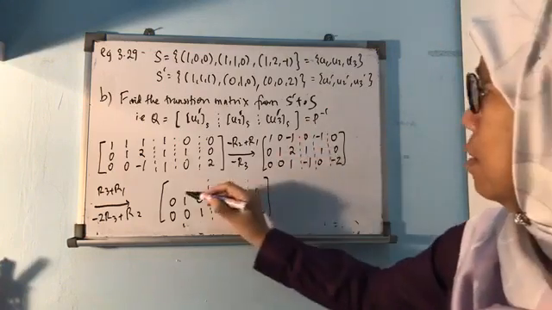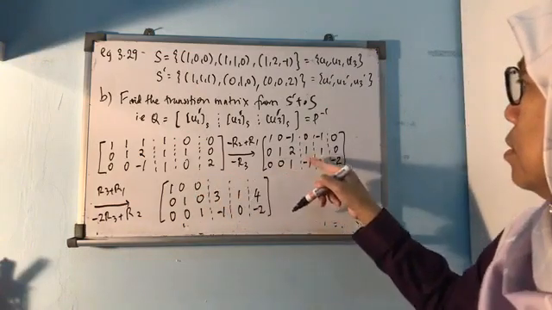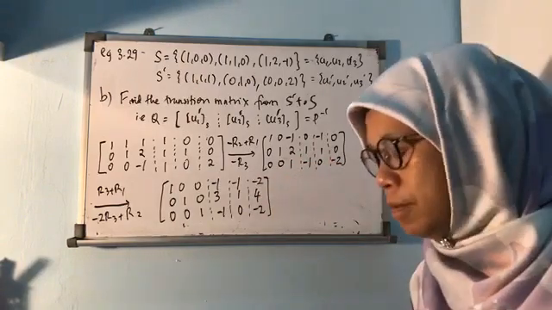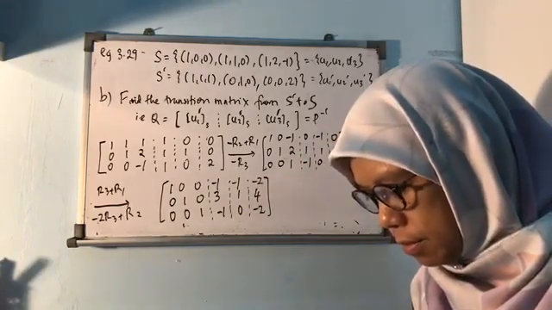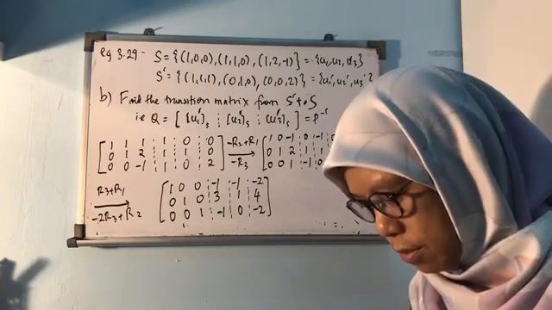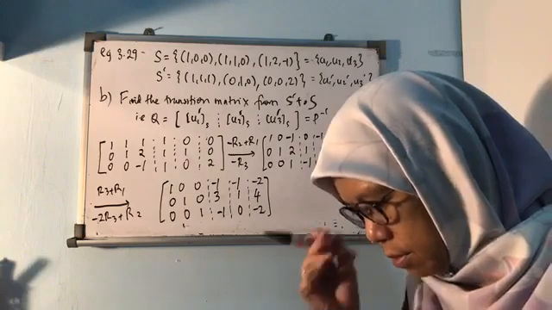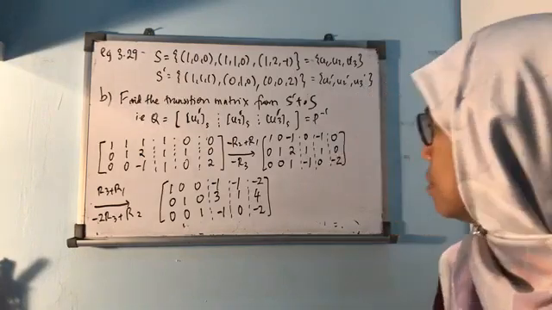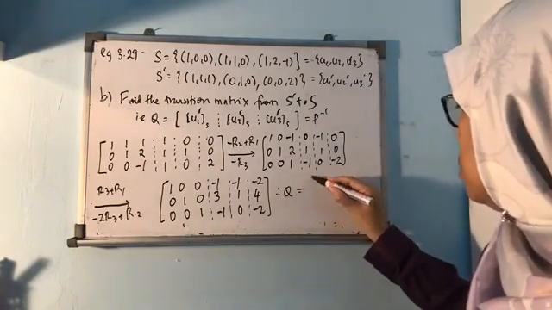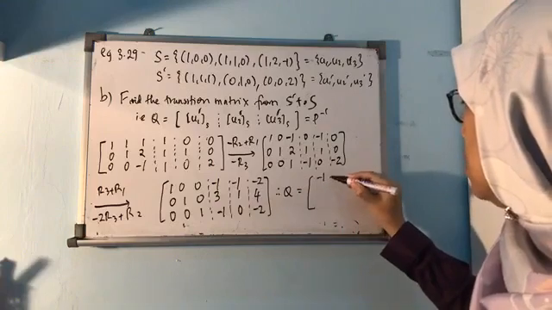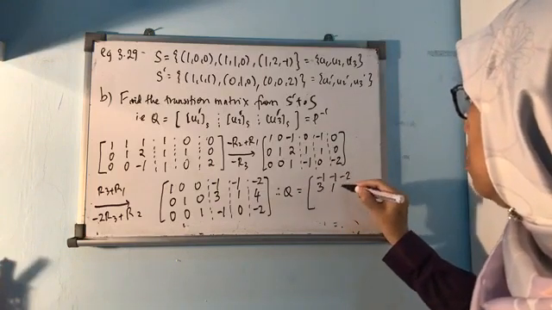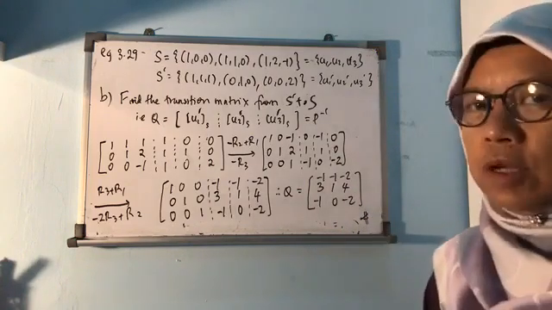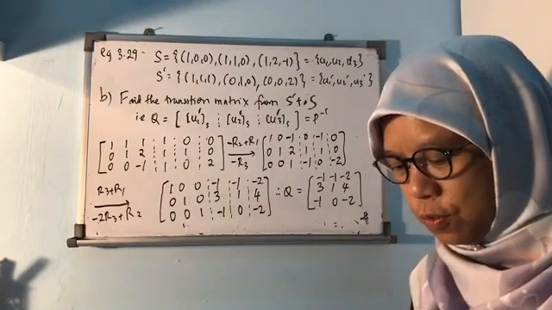Then add, right? 1 0 0, negative 1 negative 1 negative 2. So Q is equal to this, right? Negative 1, negative 1, negative 2, 3, 1, 4, negative 1, 0, negative 2. Okay? So this is Q.